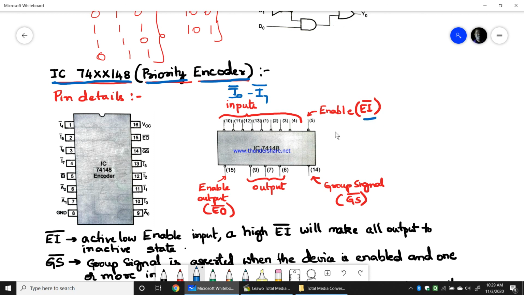We have EI bar, which is one enable input. We have EO bar, which is enable output. We do have outputs here, which are A0 bar, A1 bar, A2 bar, the output lines. We have GS, which is group signal, which is again a sort of output that we get. Now what is that?